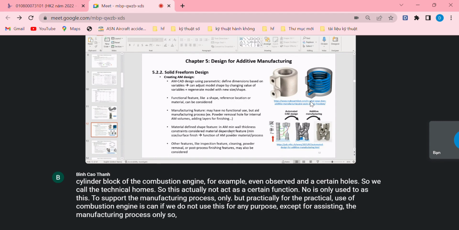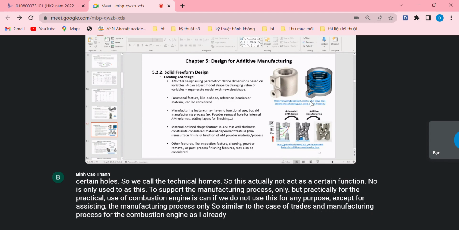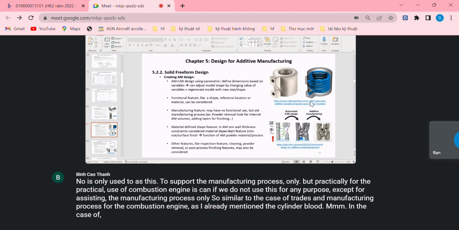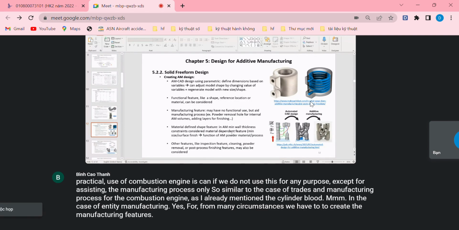So similar to the case of the traditional manufacturing process for combustion engines, as I already mentioned, the cylinder block, in the case of additive manufacturing, for many circumstances, we have to create manufacturing features aiding the process of fabrication.